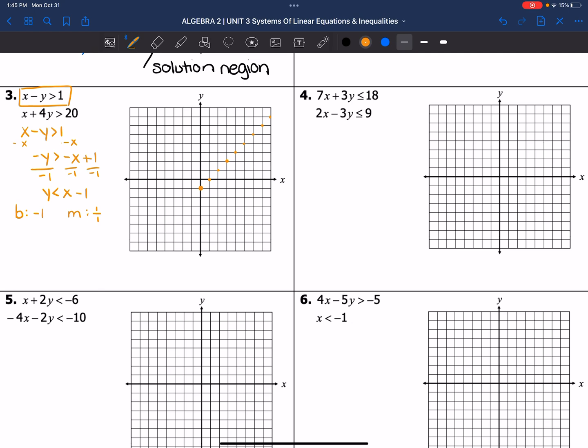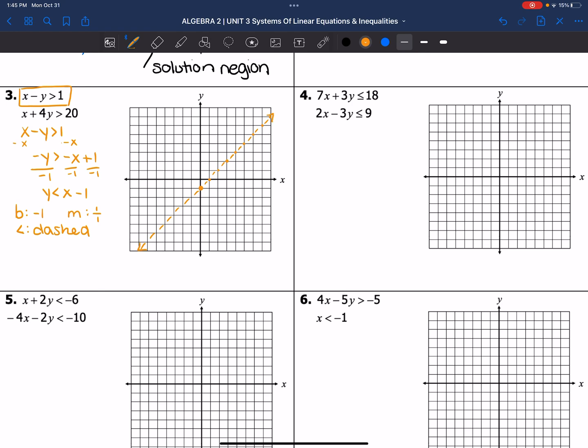Now, based on that sign, what kind of line does this inequality sign mean we'll have? It is a dashed line. So we have our little dashed line continuing in this fashion. Make sure you take up the whole coordinate plane.